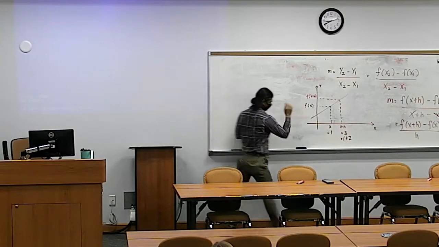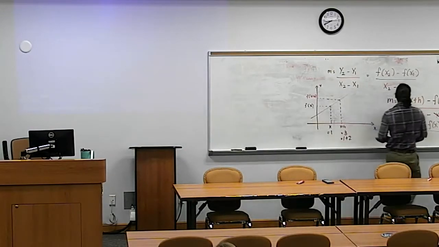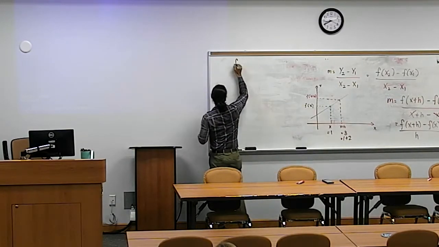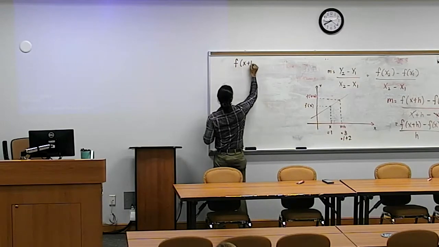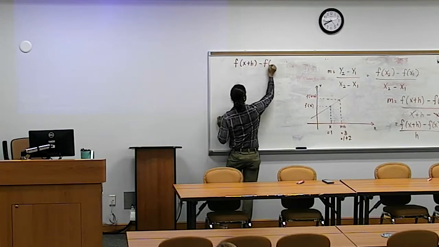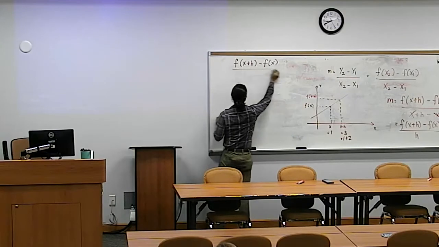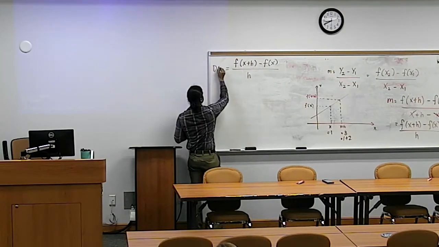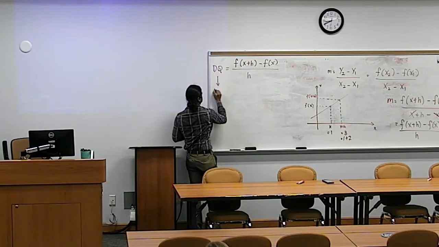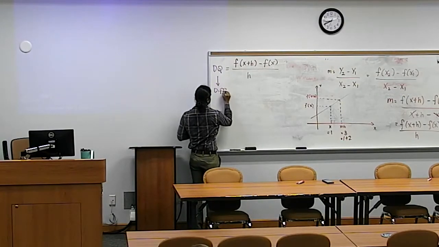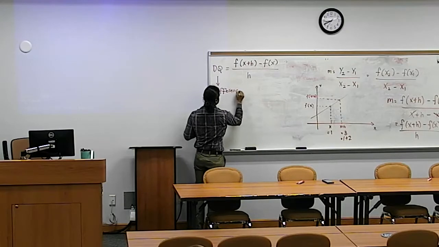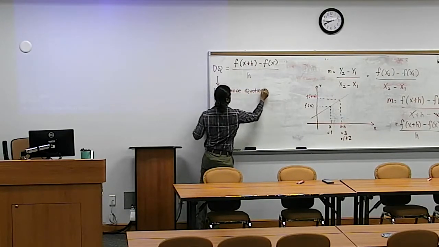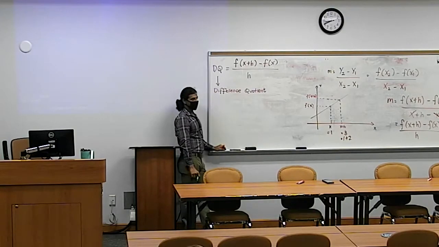And that funny looking formula that we have, f of x plus h minus f of x divided by h, is called the difference quotient.